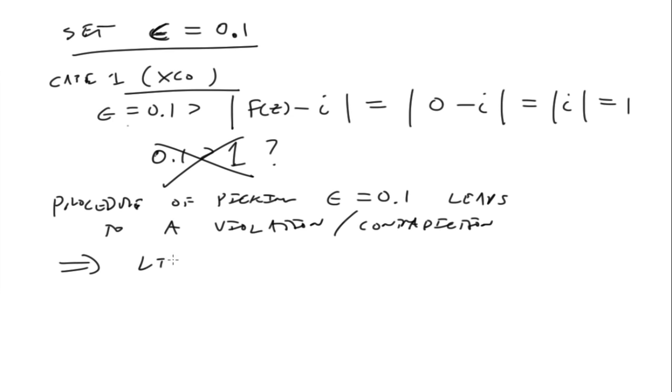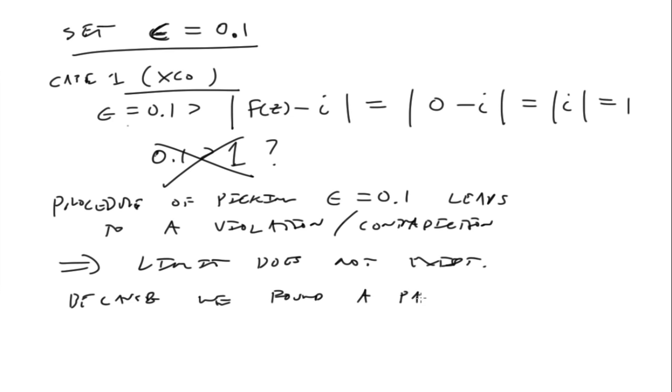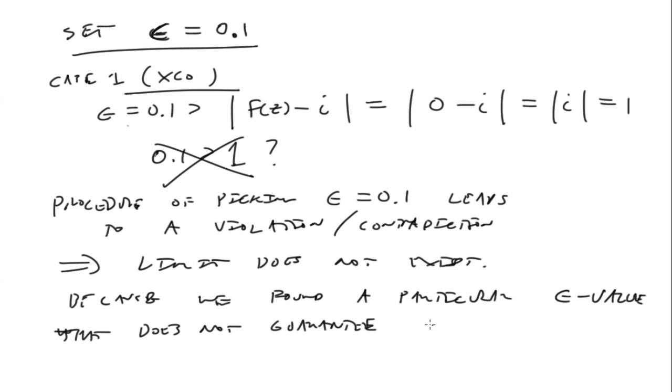So we conclude that the limit does not exist because we found a particular epsilon value that does not guarantee f of z is near the limit omega naught equals I. All right.